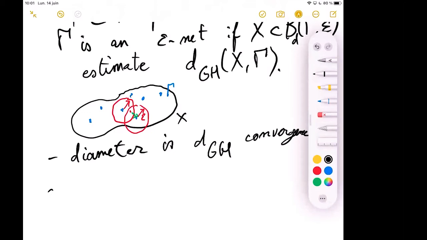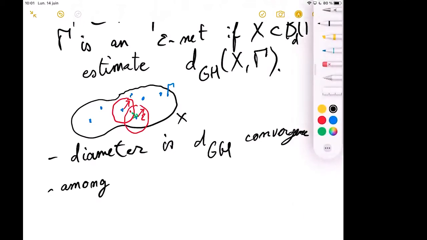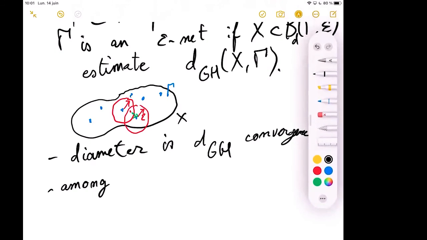Let me add another question. Is DGH continuous, not convergent?